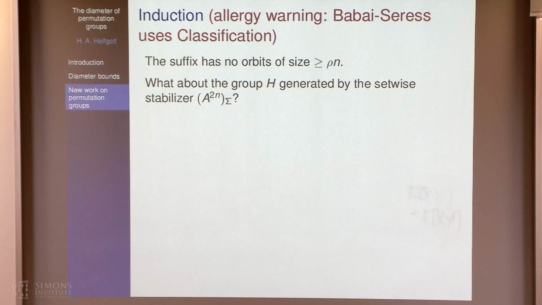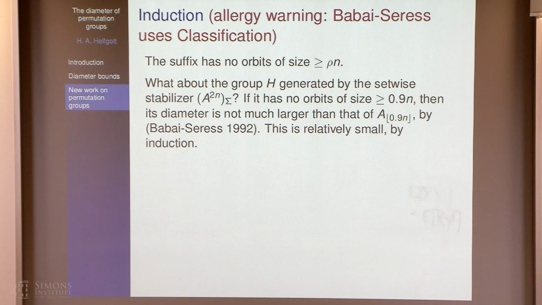Here it comes a point where I still use classification. All right, so the suffix has no very long orbits once you fix a point. So what happens to the set-wise stabilizer?